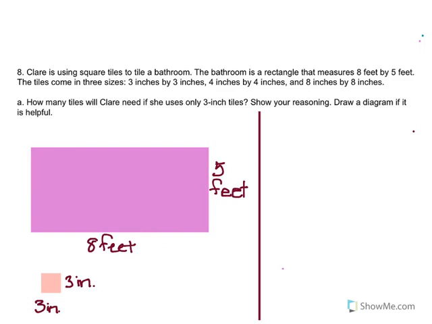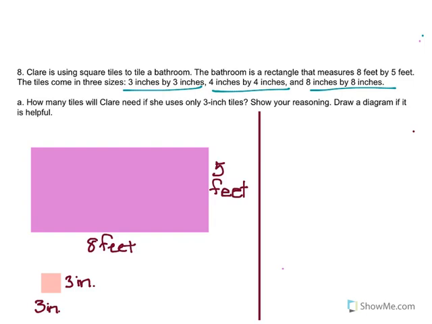The tiles come in 3 sizes: 3 inches by 3 inches, 4 inches by 4 inches, and 8 inches by 8 inches. So the question for A is, how many tiles will Claire need if she uses only 3-inch tiles?